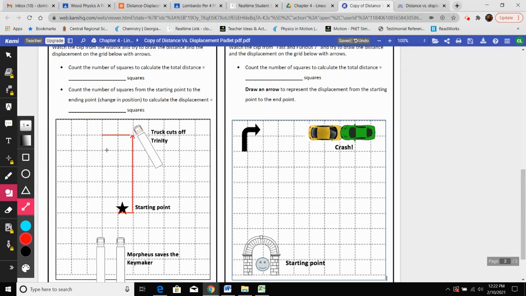And then I'm going to say to stop right about there, on that dashed line. So it's whole numbers, it's easier to view and to get our actual answers. And then afterwards, she decides to go backwards to try and get this guy out of there, save him, and goes towards Morpheus. All right, add these little pieces here for our vectors.